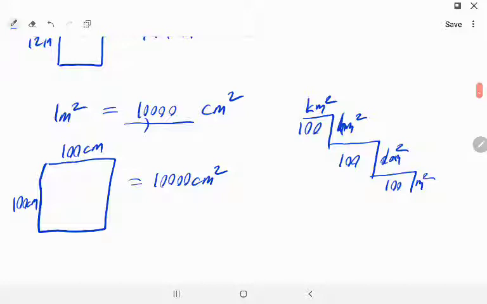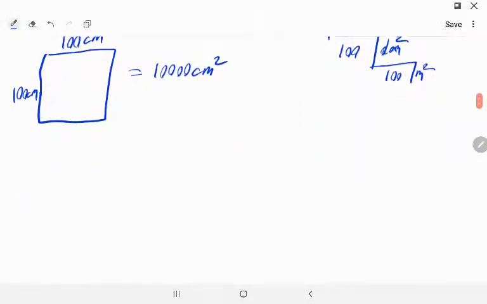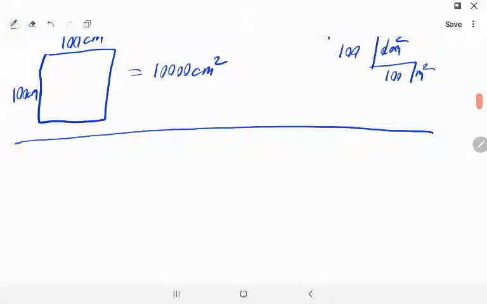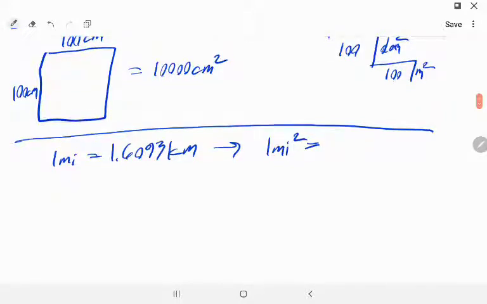If we wanted to continue this with converting from US to metric and metric to US, because 1 mile is 1.6093 kilometers, that tells us that 1 square mile, taking that 1.6093 squared, is going to give us 2.5898 square kilometers.